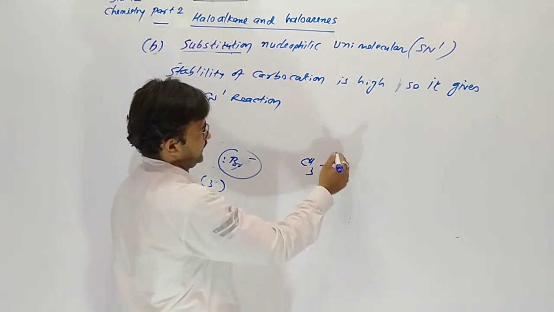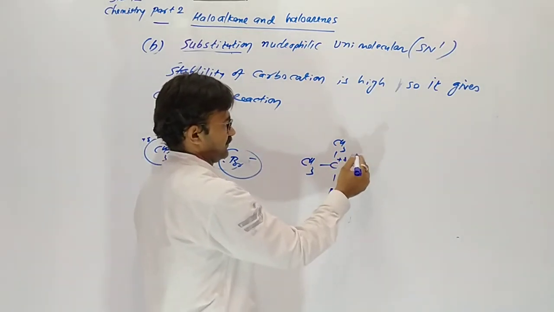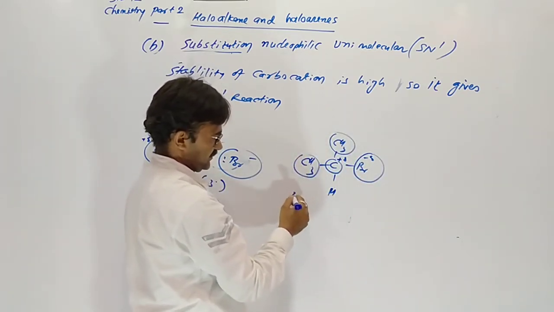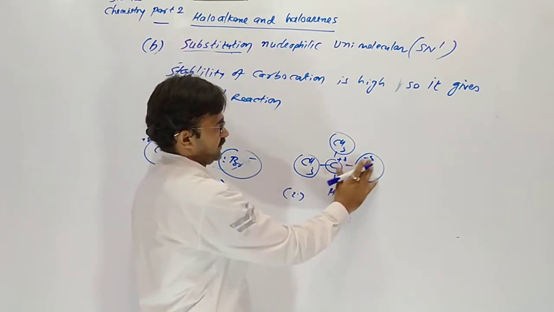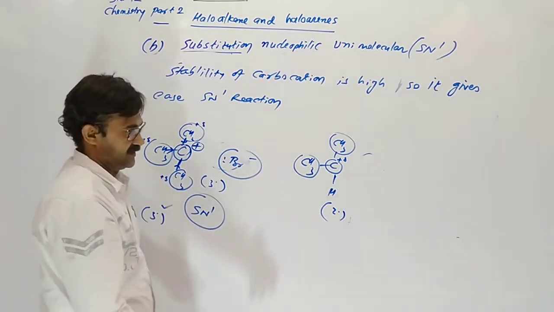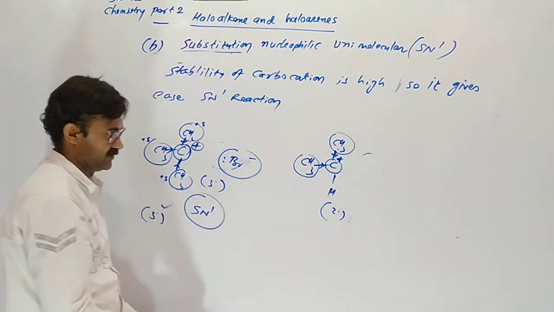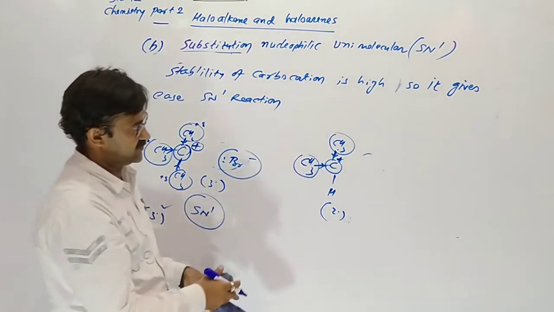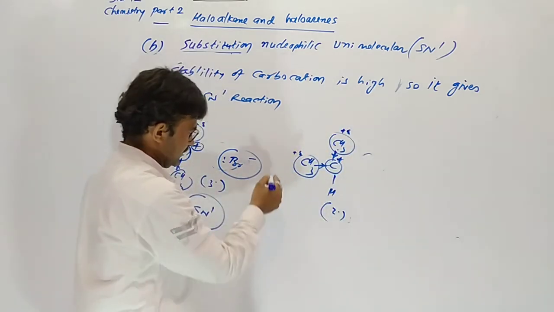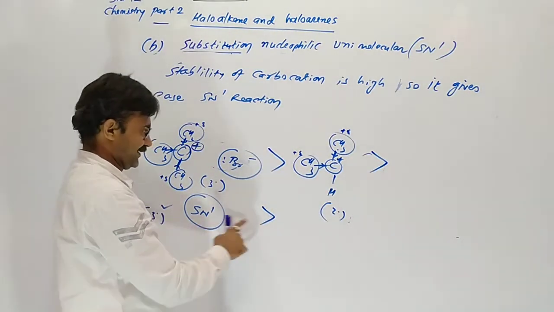In the case of secondary, there are 2 alkyl groups. The bromine containing carbon is attached with 2, so secondary. After removal of bromide ion, it should be a secondary carbocation. The positive charge carbon is attached with 2 methyl groups which donate, so here the positive charge spreads on 3 carbons. So the stability of the carbocation is less, and SN1 is lower than tertiary.